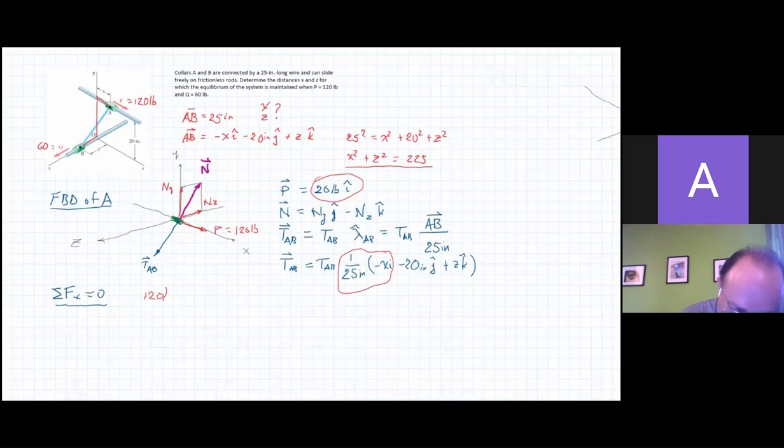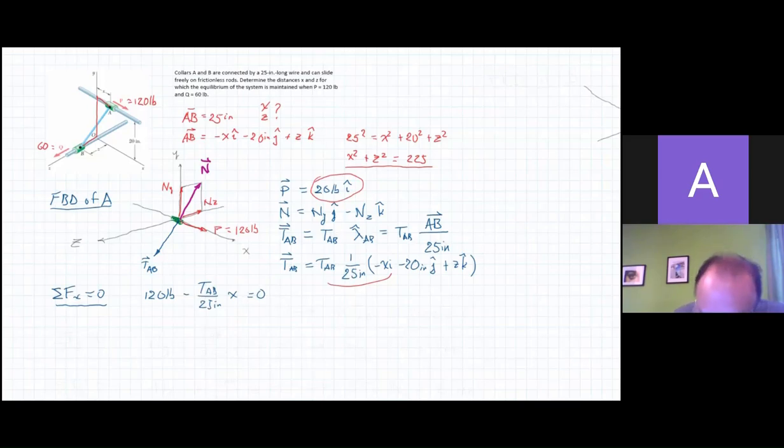I'm writing in blue here. 120 pounds, and then minus this component here, minus TAB over 25 inches times x, and there are no more components in the x direction, so that should be equal to 0.